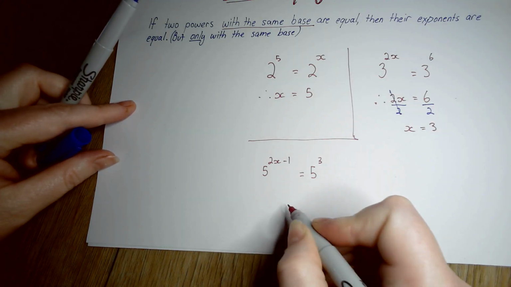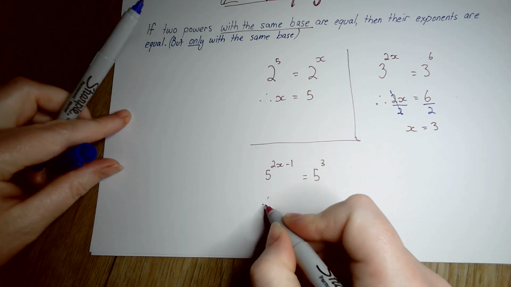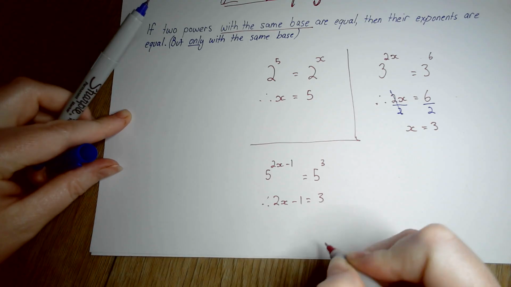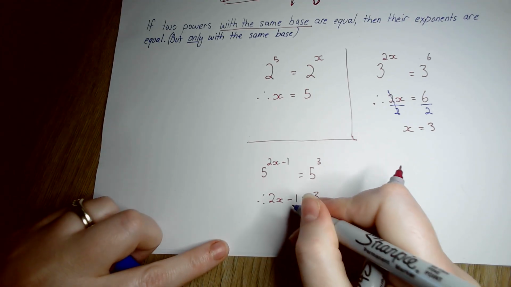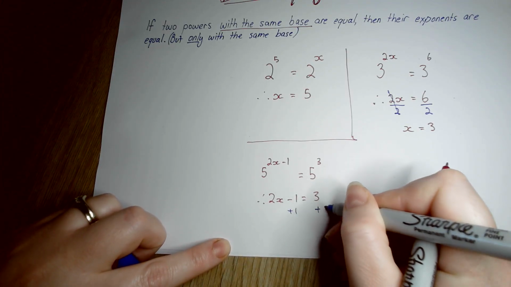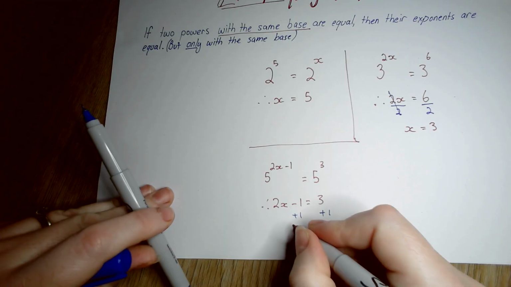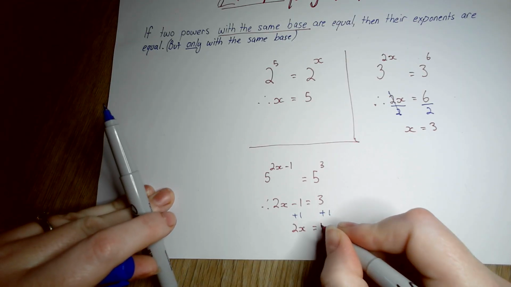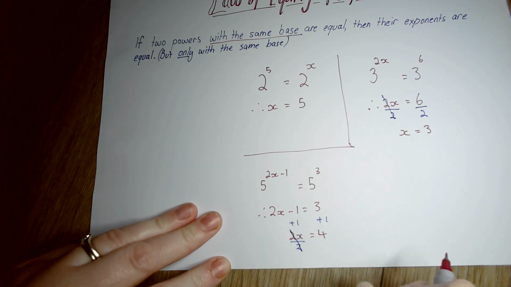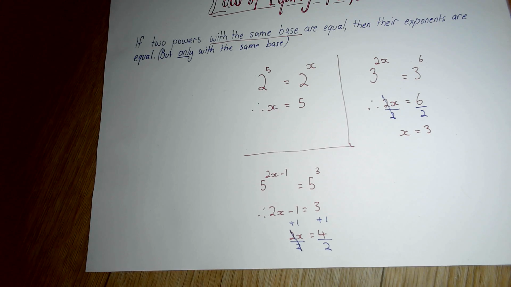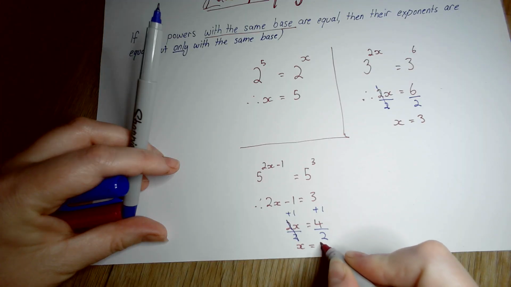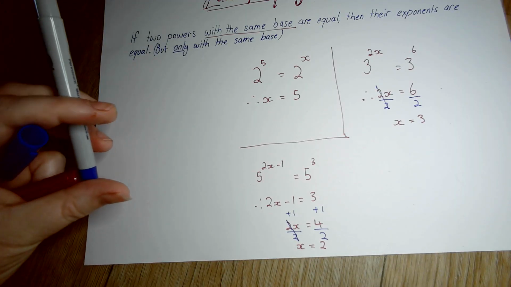So in this case, therefore, 2x minus 1 equals 3. To undo that we'd have to go plus 1 here because we have to reverse the order of operations. So plus 1 here, and we'd have 2x equals 4, and then we'd divide by 2, cancel those 2's out, divide by 2 on the other side, and we'd have x is equal to 2. And that's how I can use it.